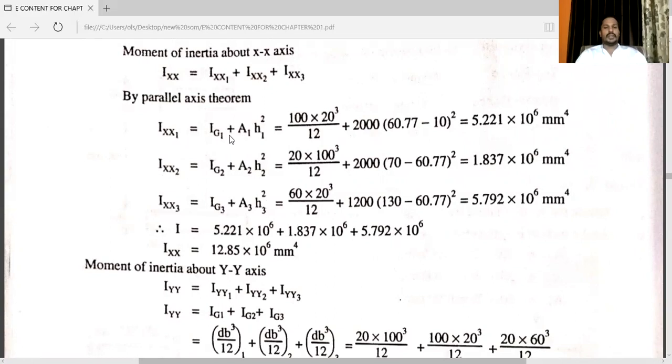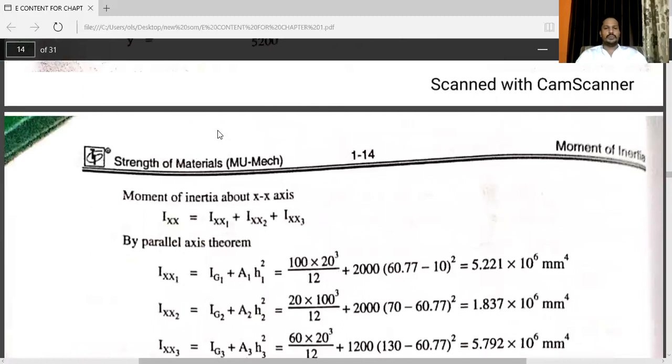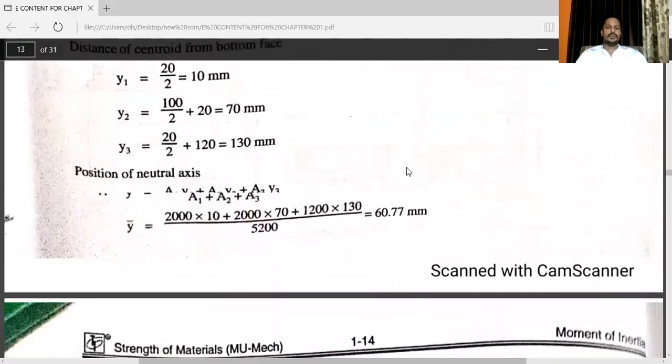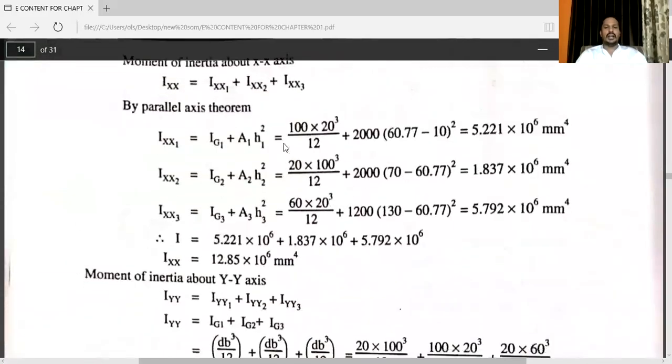For each rectangle, the formula for moment of inertia about the centroidal axis is BD cubed by 12. So Ig is equal to BD cubed by 12, and the formula is the same for Ig2 and Ig3. For the first rectangle, the base is 100 and the depth is 20, so Ig1 is 100 into 20 cube by 12.